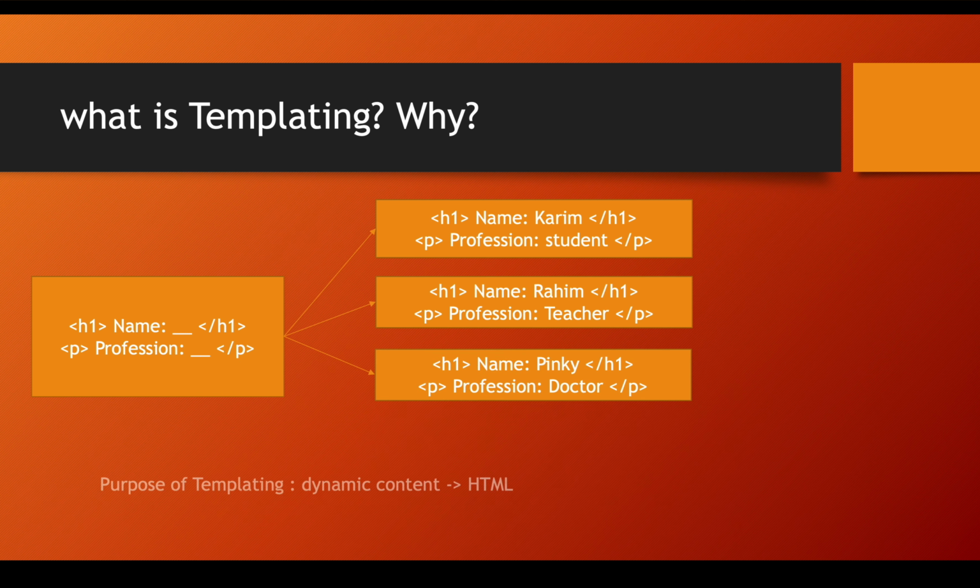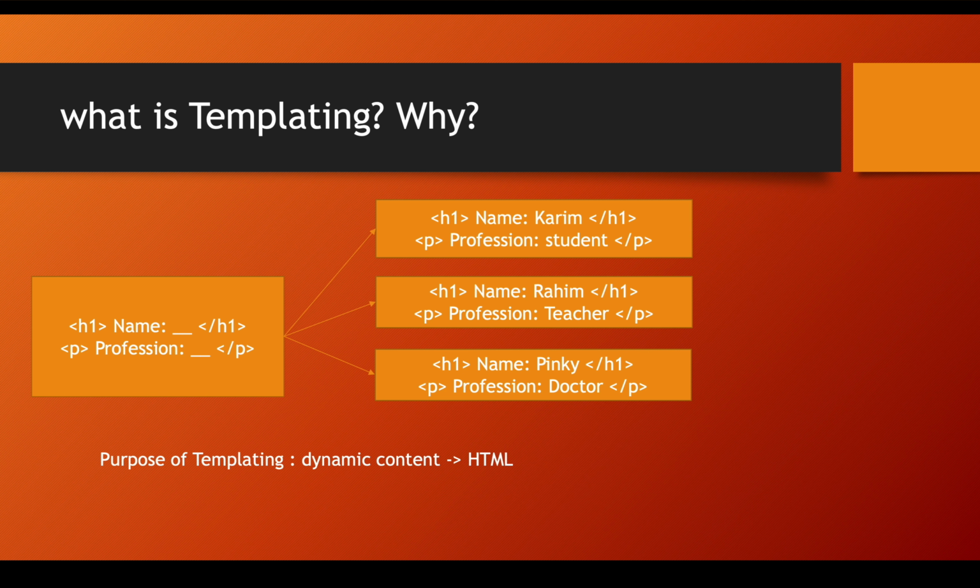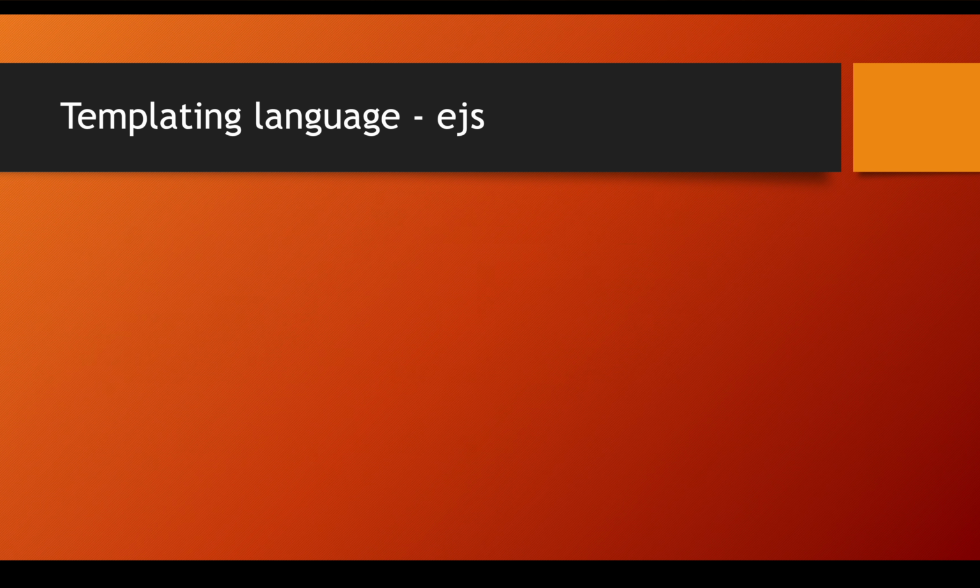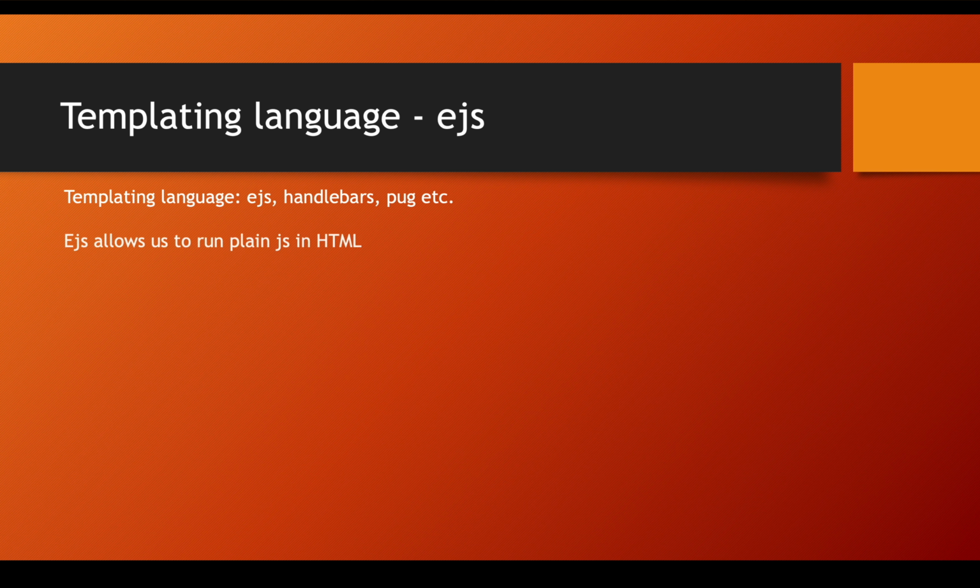Now there are a lot of different types of templating engines out there, but remember the purpose is basically making our HTML dynamic so that it can work with dynamic content. Besides EJS you have Handlebars, Pug. So the popular one is EJS, which we are going to learn here.